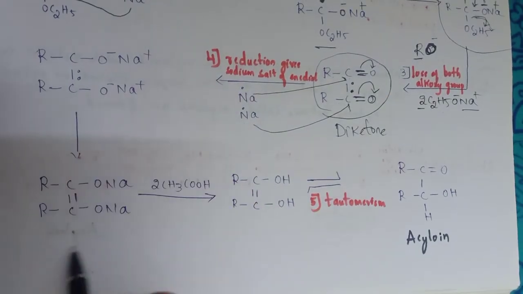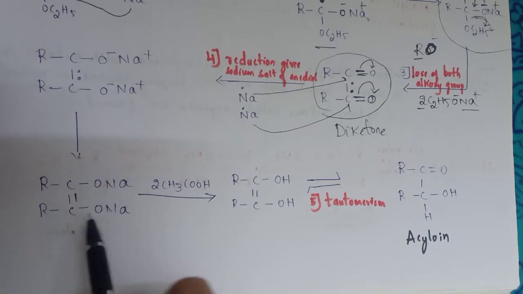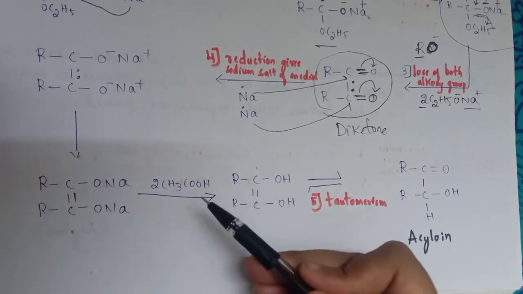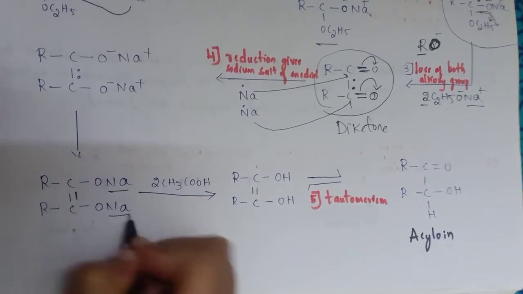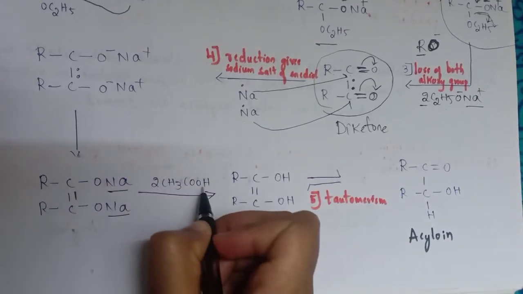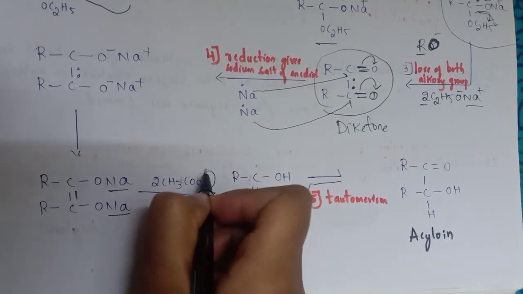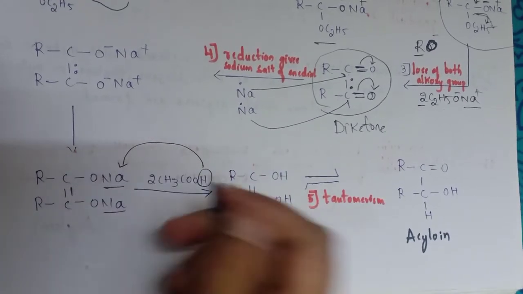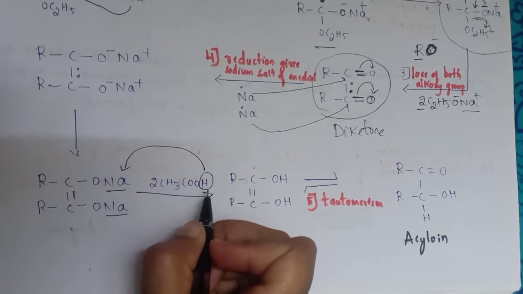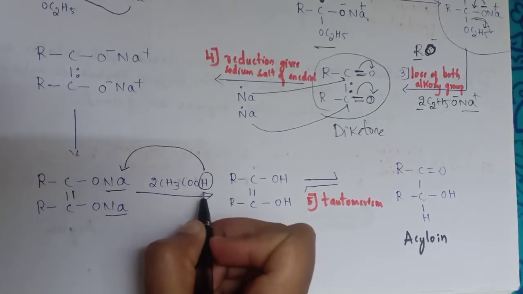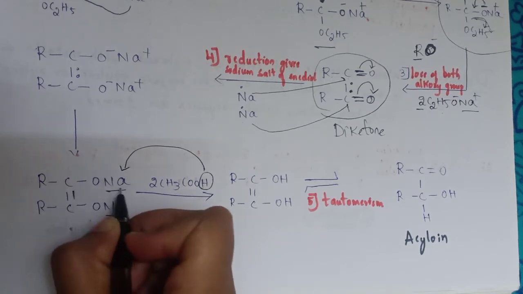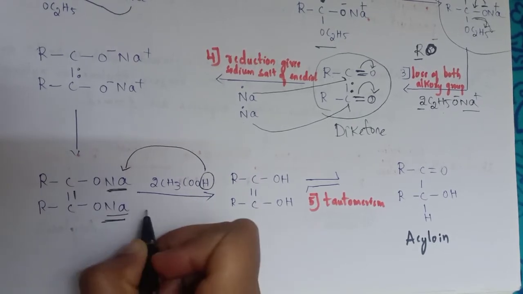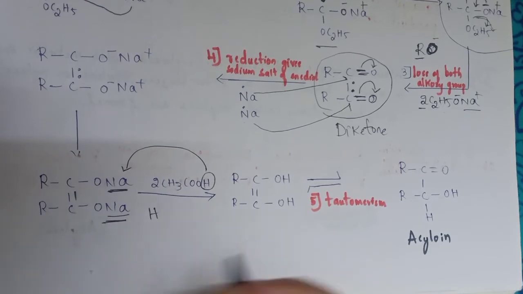When this is treated with acetic acid, this Na plus gets replaced with H plus. One of the Na plus gets replaced with H plus, and the other Na plus also gets replaced with H. So in the place of Na we will get H. What will be the product?